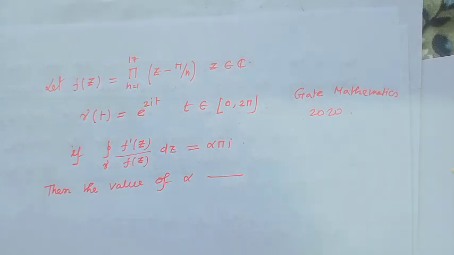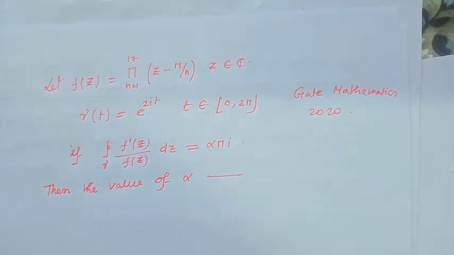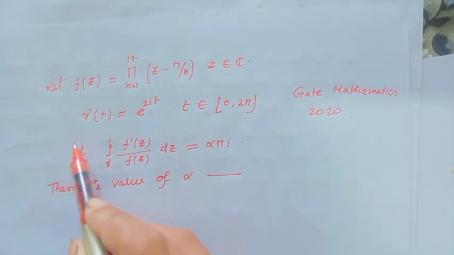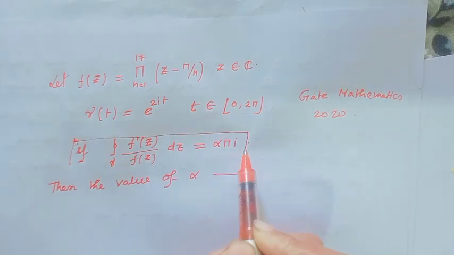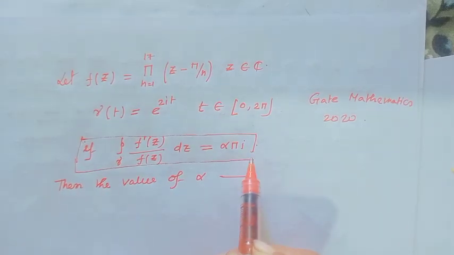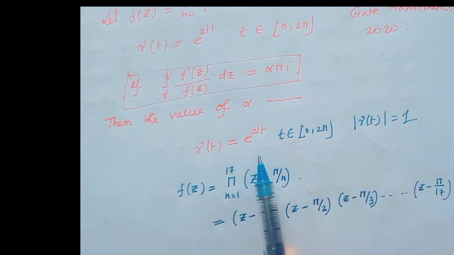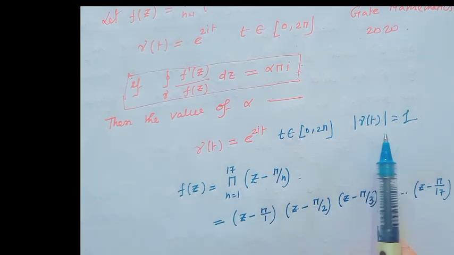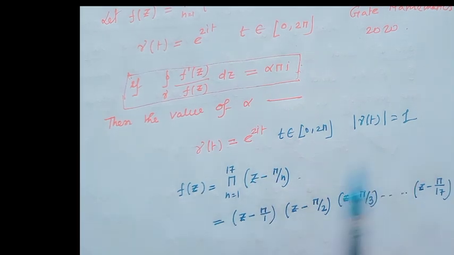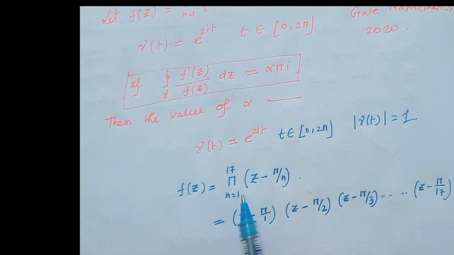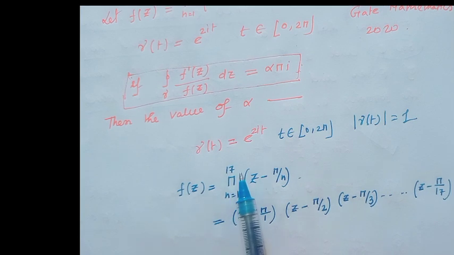If the integral of f prime z over f(z) is alpha pi i, then what is the value of alpha? Here gamma(t) equals e to the power 2it, that means modulus gamma(t) equals 1, and f(z) equals the product from n equals 1 to 17 of (z minus pi over n).